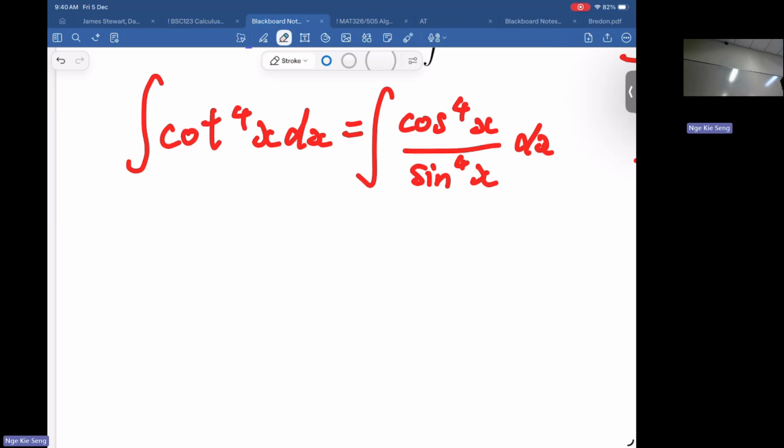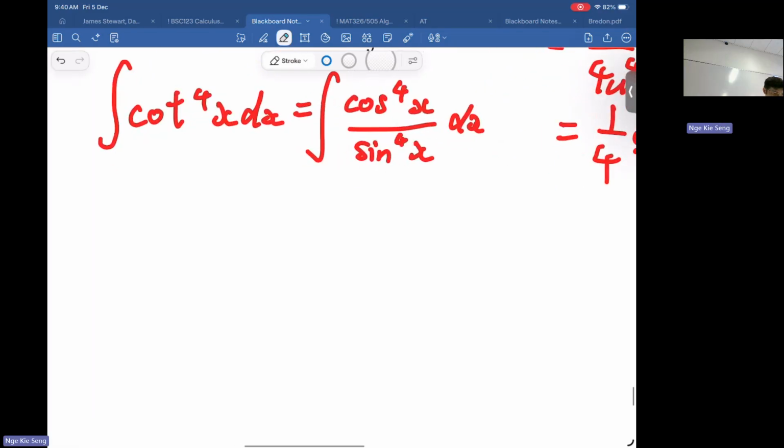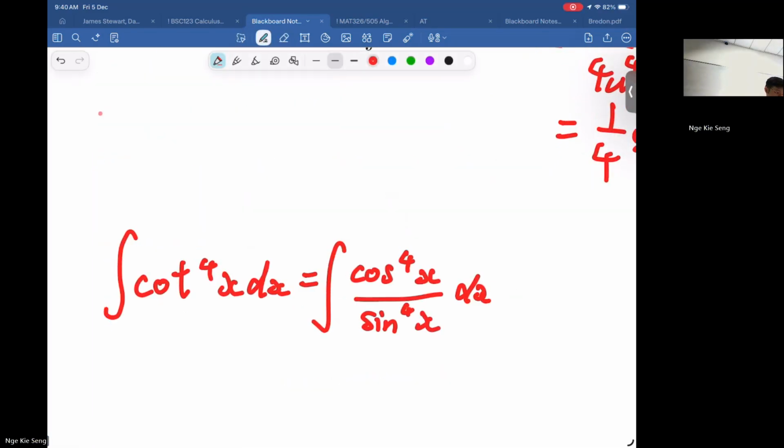Okay, so you use cotangent square x equals to cosecant square x minus 1. Okay.